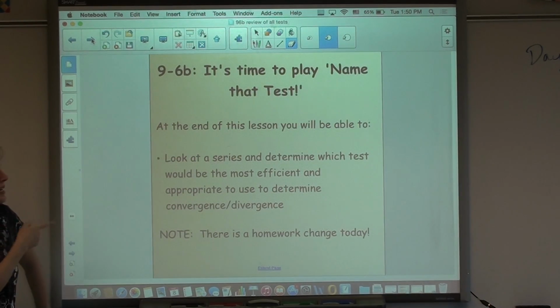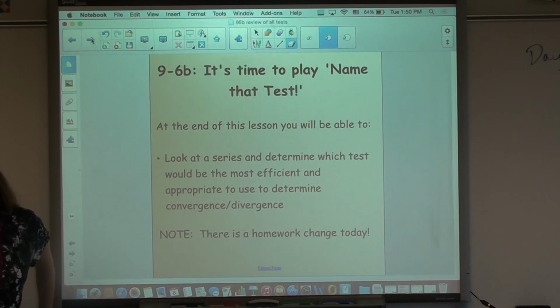At the end of this lesson, I want you to be able to look at a series and have a very solid idea of which test to use to determine convergence, right? There are a lot of series where it's very straightforward and automatic which test to use. But then there are some series where it's not quite as definite.